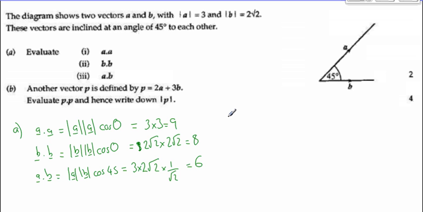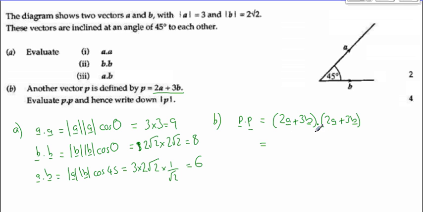Okay, now part B is a bit trickier. Evaluate P dot P. Now P dot P really means 2A plus 3B dot 2A plus 3B. Now we know that vectors dotted with brackets break out just the same as they algebraically break out with brackets.